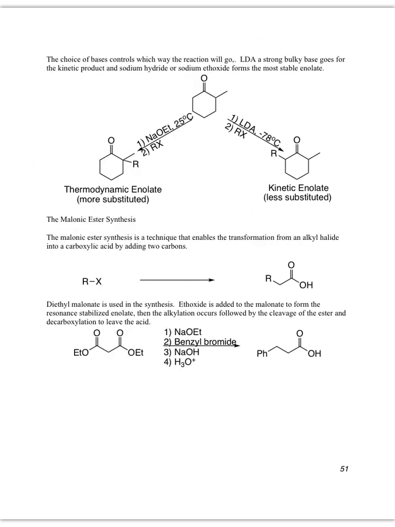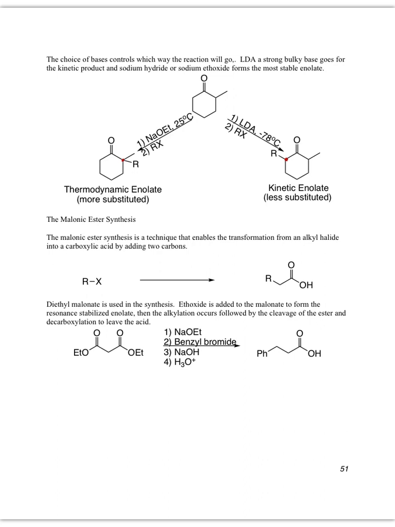So we can keep track of what can happen based on those. If we use sodium ethoxide, we're going to add the R group onto the more substituted carbon. If we did LDA, we'd add the R group onto the less substituted carbon of an asymmetrical ketone.